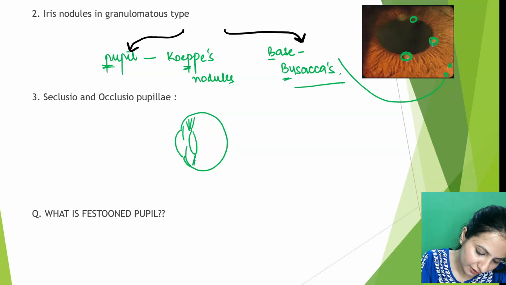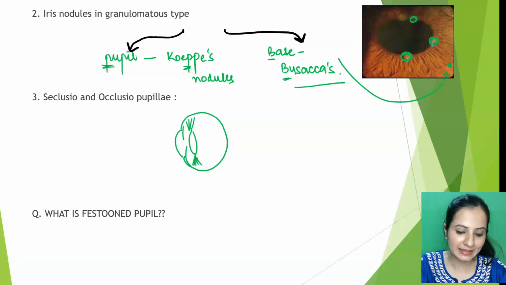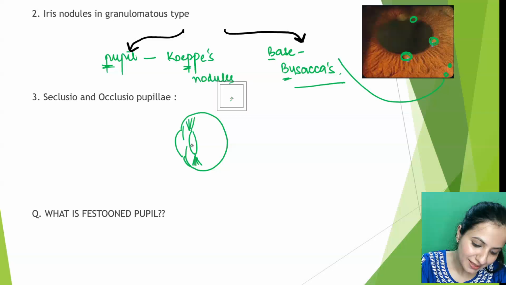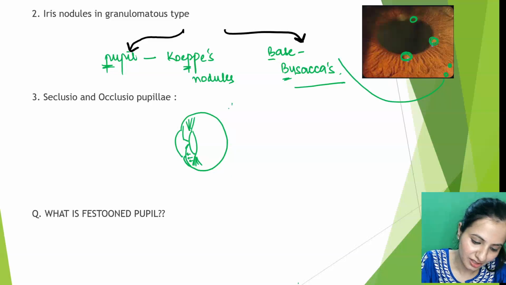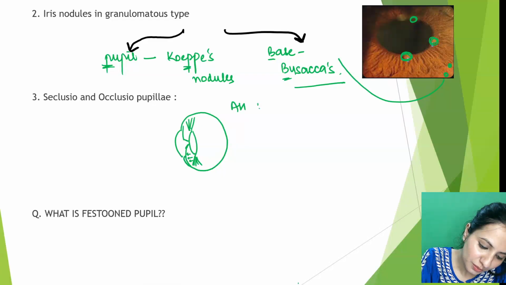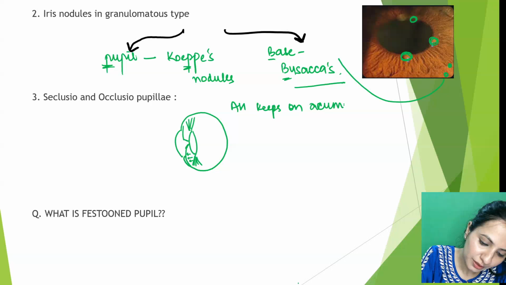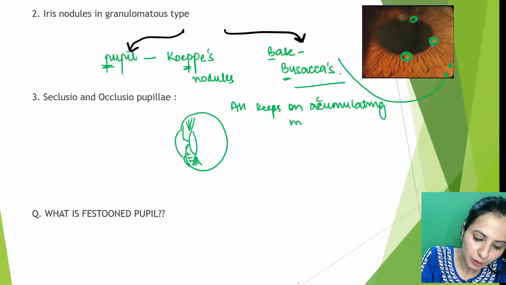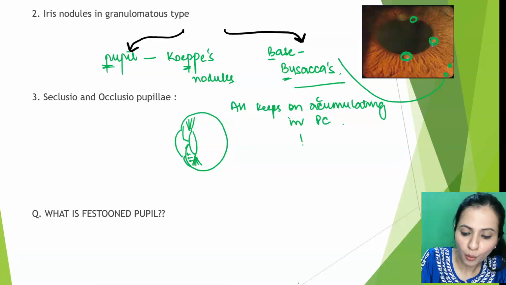Then I have told you this is your cornea, this is your iris, here we have the lens. Now what happens is, because of the stickiness of the iris onto the anterior surface of the lens, aqueous humor will keep on accumulating behind the iris, in the posterior chamber. What does it lead to?